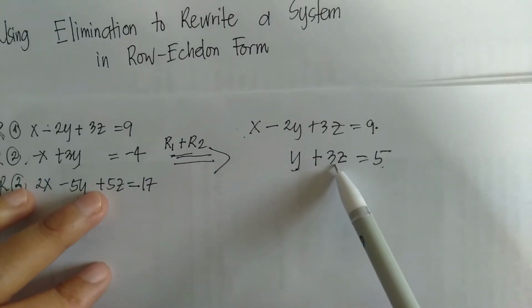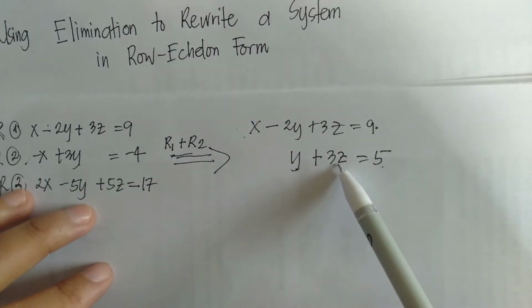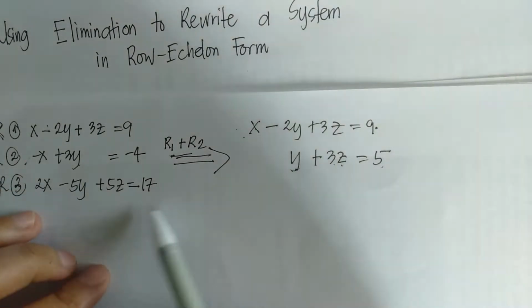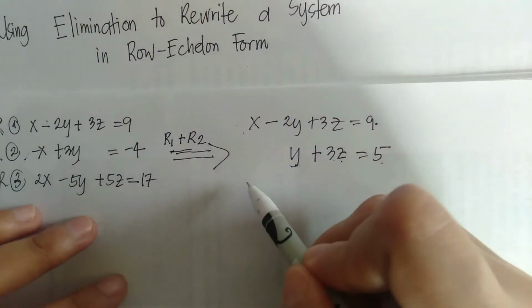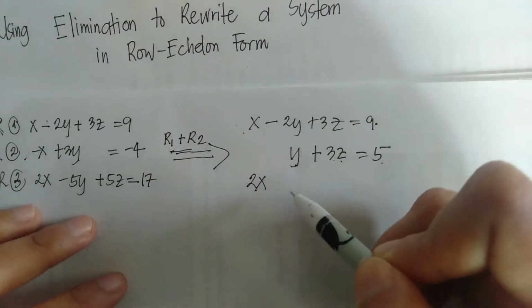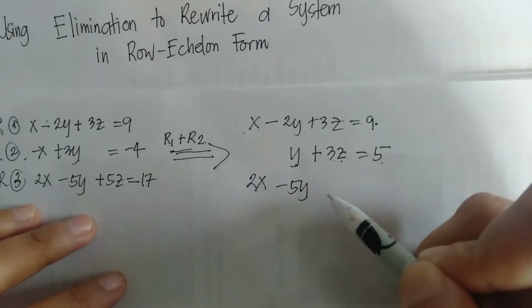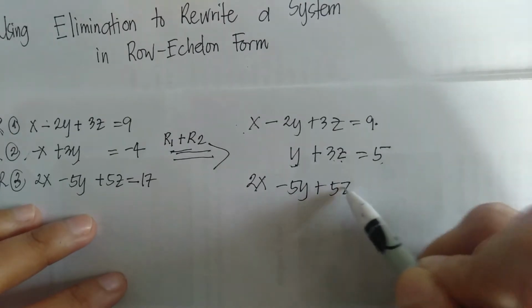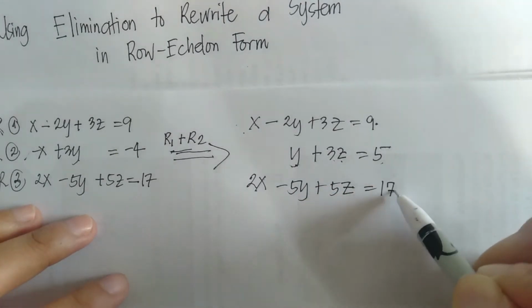We still need a leading coefficient of 1 in the variable z. So we just simply copy the third one, plus 5z equals 17.